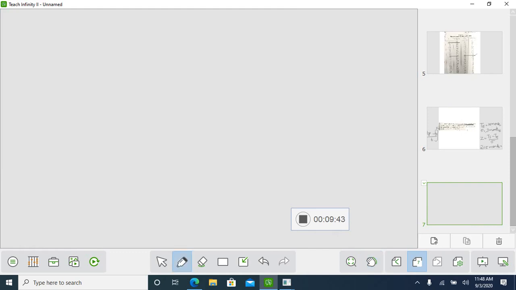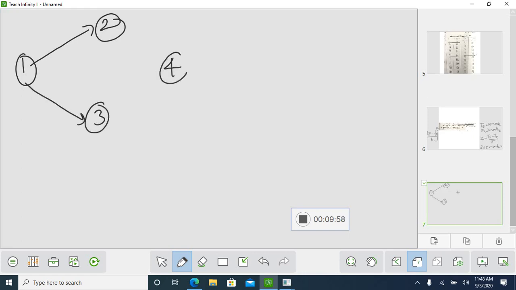So next example sum we'll do from the network diagram. Draw the network diagram, everyone.